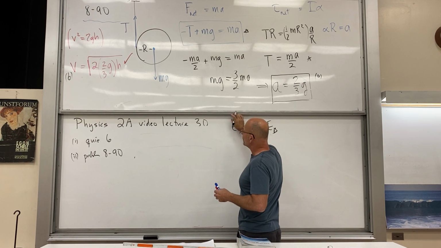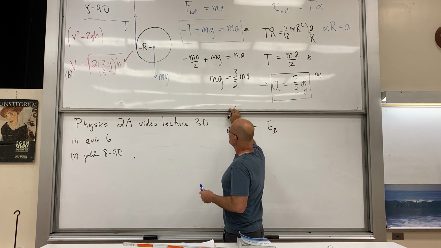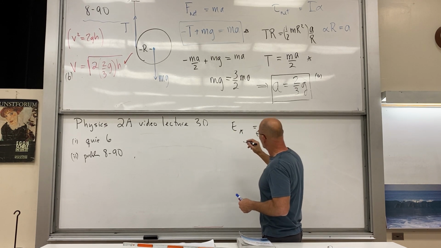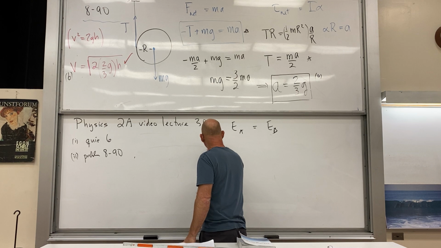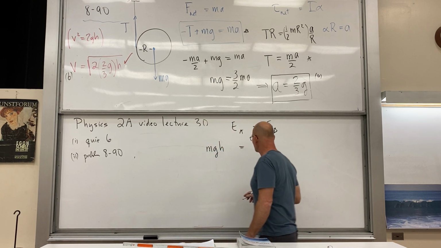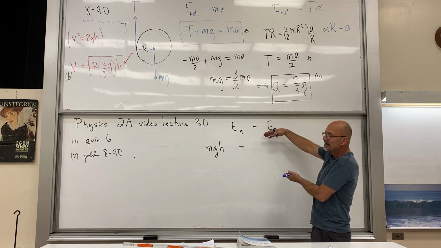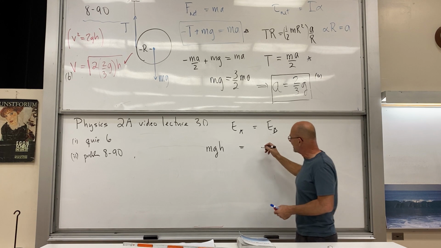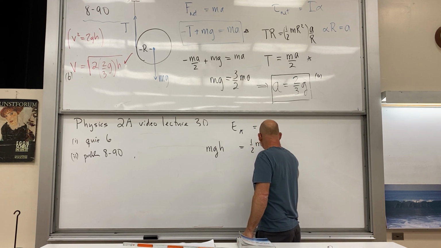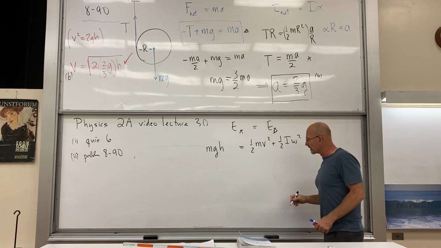And we're going to drop through a height h. I won't even draw it up there. So it's gone through a vertical distance h, the center of mass has. So we would have just had at rest mgh to begin with for the energy. So all of that potential energy is going to be turned into kinetic energy when we drop through a distance h, and that's a half mv squared plus 1/2 I omega squared.